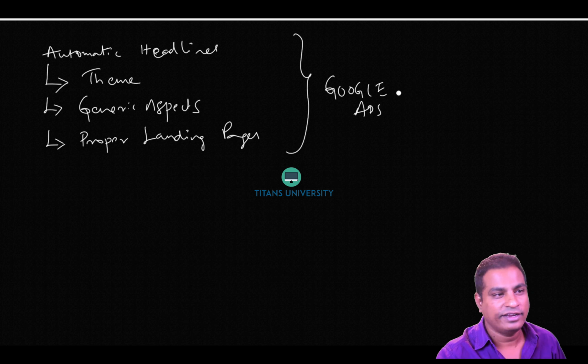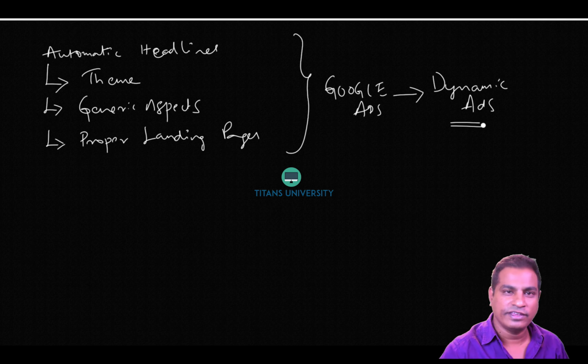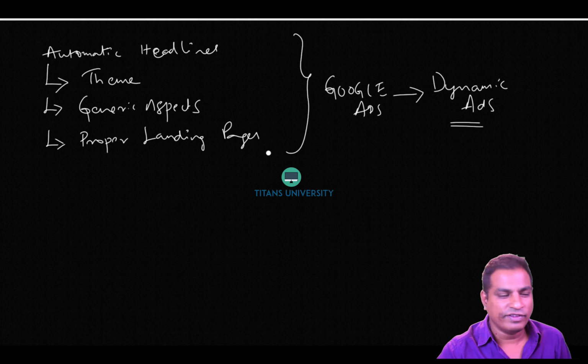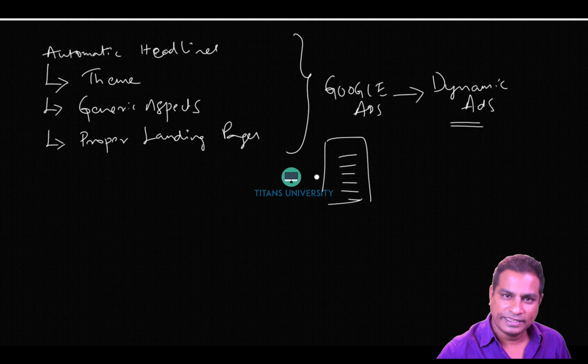Yes, you heard it right, through something called dynamic ads. Dynamic ads is a technology-driven, AI and ML-driven feature where Google automatically scans through a web page, picks up the content, and understands what the content is talking about.